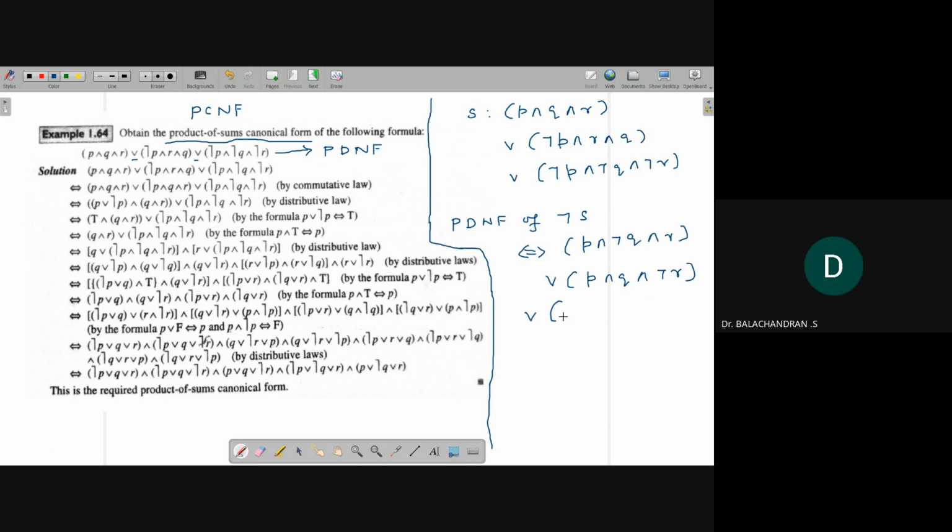Negation P and negation Q and R. Then negation P and Q and negation R. Fourth one, fifth one, P and Q and negation R. Last one, what is missing?